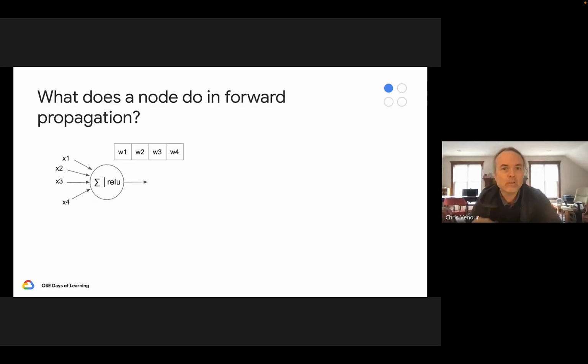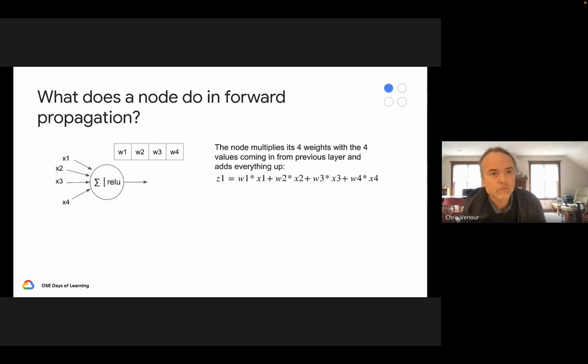And this node, like every node in the network, has a unique set of weights. Notice that the number of weights matches the number of nodes in the previous layer. We have 4 pieces of data coming in, so this node needs to have 4 weights. The node multiplies its 4 weights with the 4 values coming into it from the previous layer.